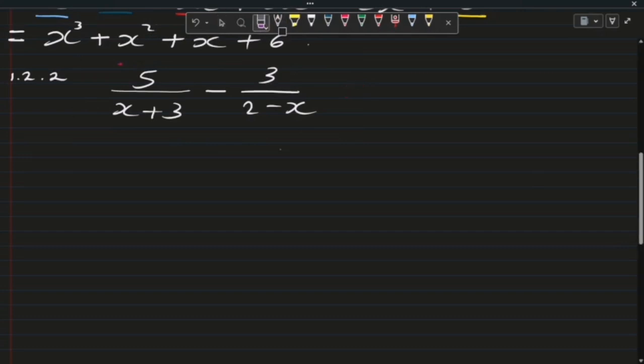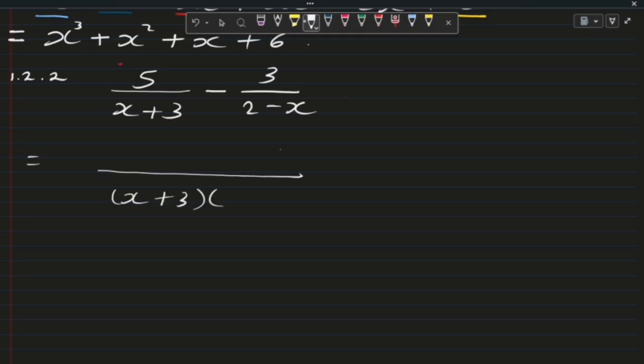All right, with that being said, let's apply what we were talking about. As you've seen, the first step is we need a lowest common denominator, and we get that by simply multiplying the denominators that we are working with.